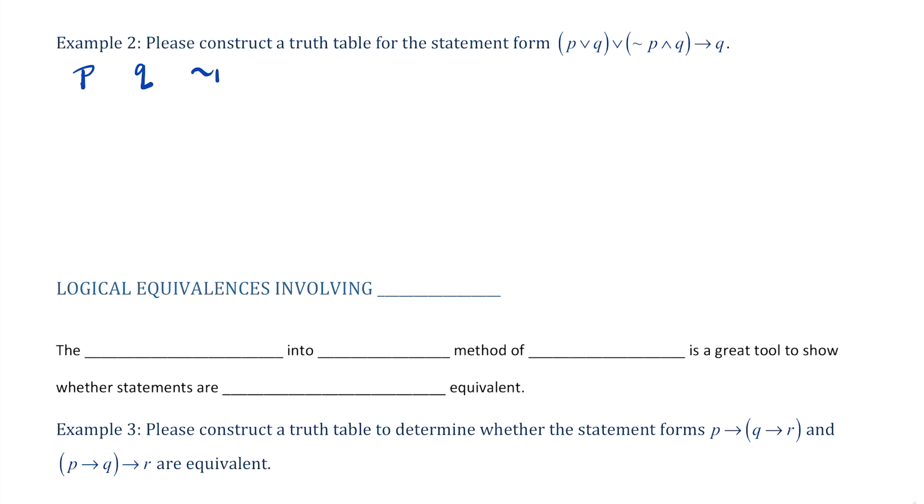We'll have our not P, we'll have our P or Q, and then we'll do not P and Q. And then, yes, it's busy here. Let's put some lines here.